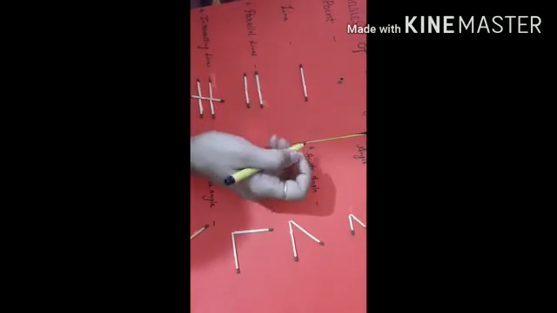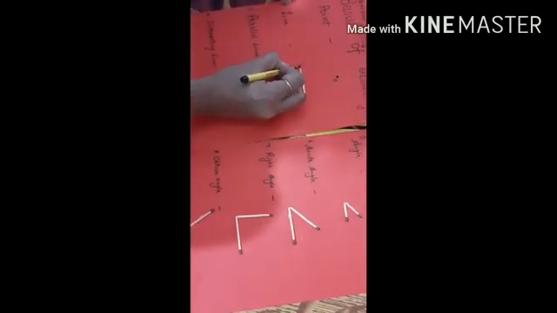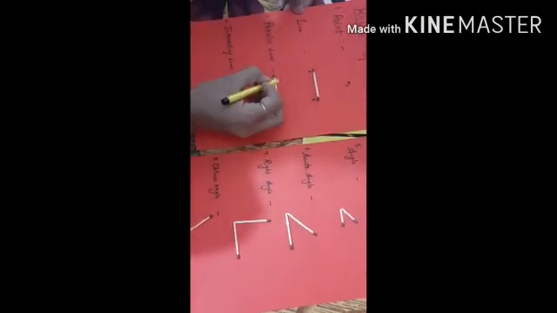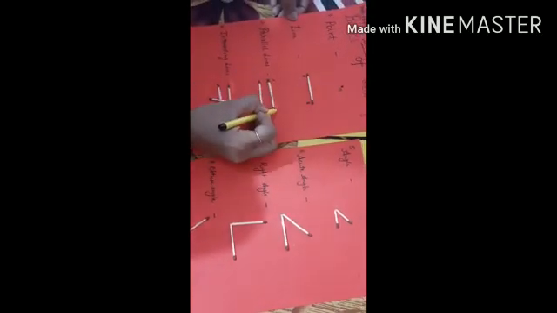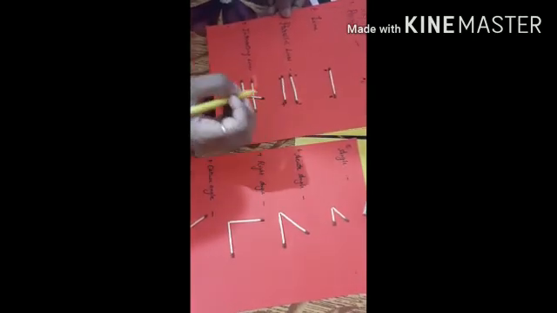Now dear students, after that we will be naming these angles and lines. We will be giving names to these lines. Parallel lines, you can say A, B, and the other parallel lines X, Y, O, T, any name you can give.